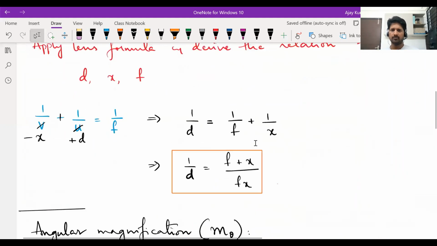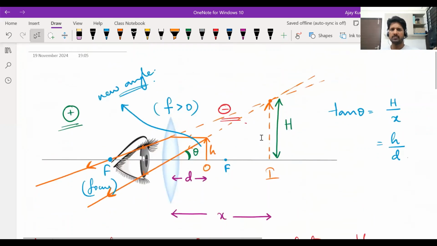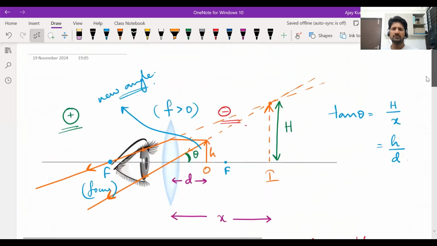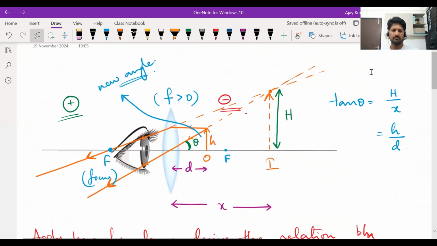Tell me, for a simple microscope to perform its function, at what maximum distance can you allow the object to be placed? Can you repeat your question? For a simple microscope to work as intended, at what maximum distance can the object be placed from it?